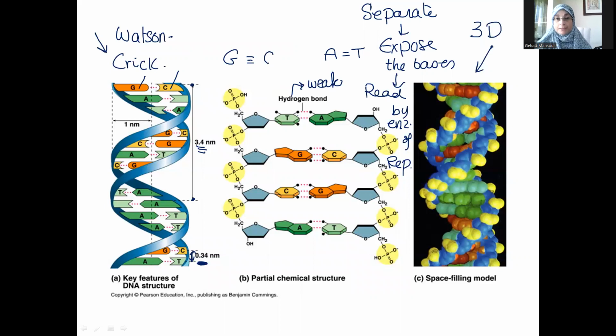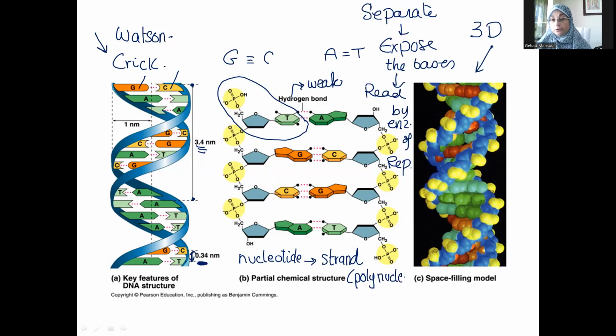And now, of course, you can see a nucleotide, which is the monomer, because the nucleic acids are polymers. So we start with a nucleotide, which is a monomer, and then we have a strand of nucleotides, okay? That is a polymer, or a polynucleotide. So the strand of DNA is a polynucleotide.